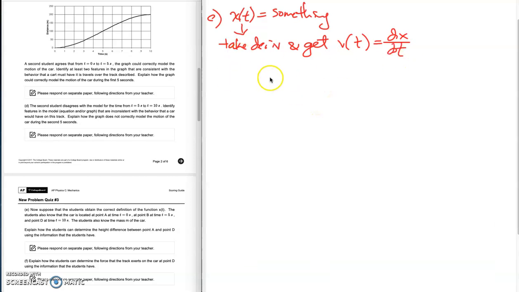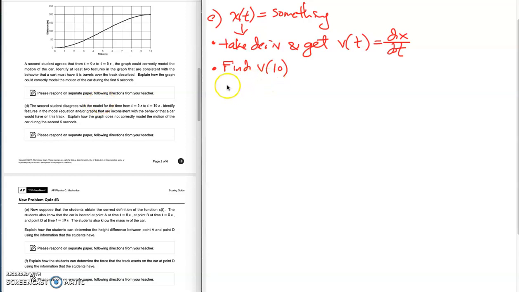Okay, that'll help us, especially at 10 seconds. So take the derivative and then find v of 10.